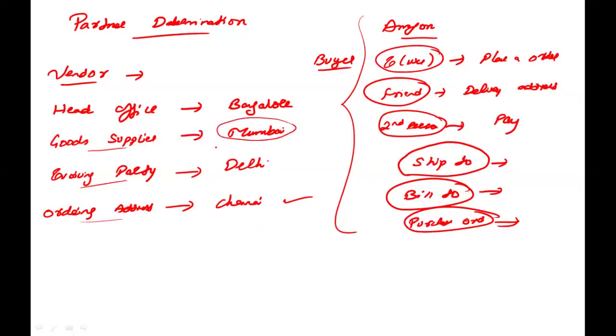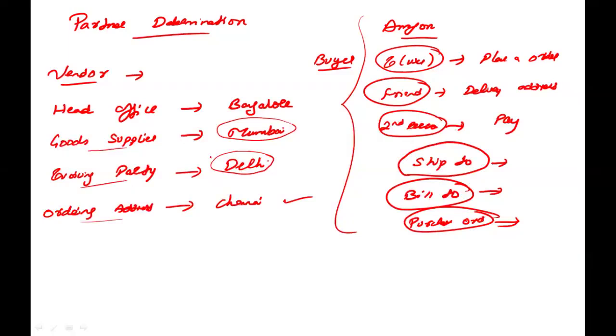They will manufacture it and send it from Mumbai to you. My invoicing party will check the material which is delivered and the PO which is received. And this team will create the invoice and send it to you. So the activities in procurement are happening from different places. Okay, so this is called partner determination.